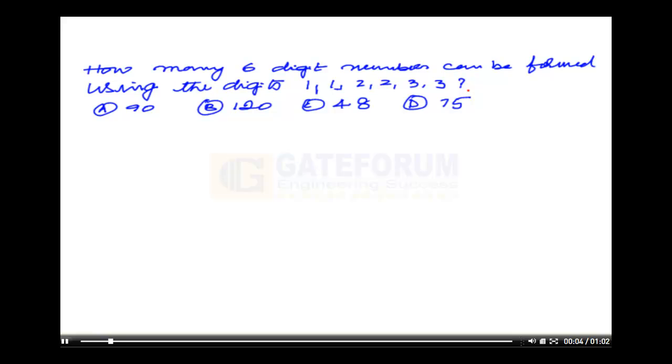The question: we are given 6 digits, 1, 1, 2, 2, 3, 3. We have to find 6 digit numbers, but here each digit repeats twice.